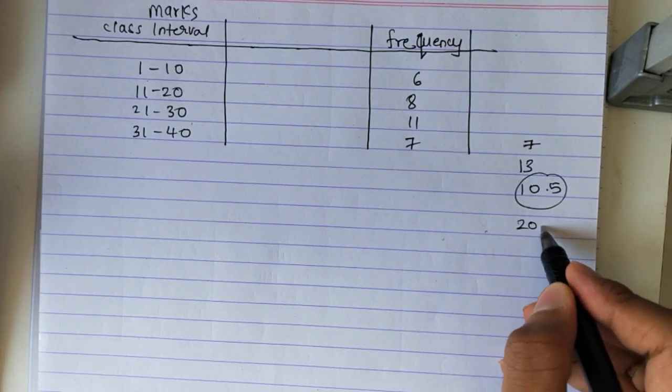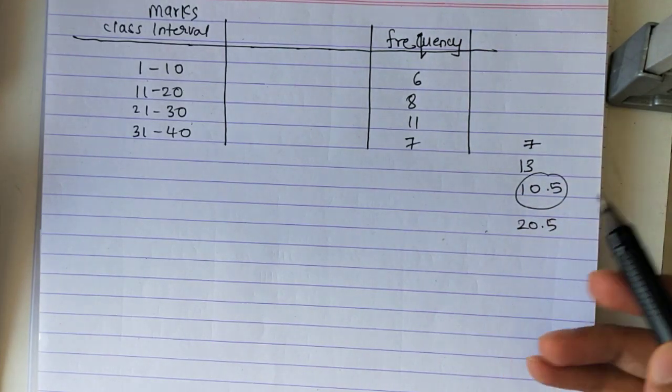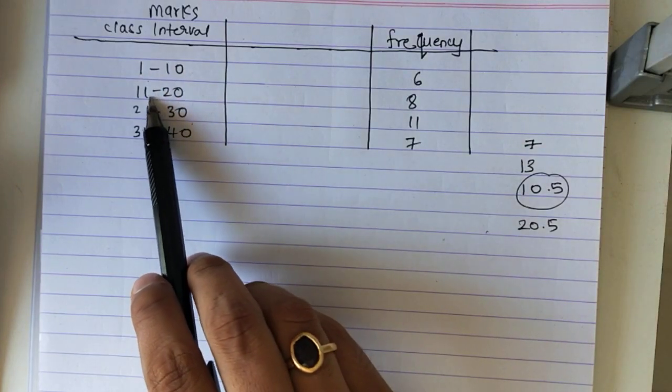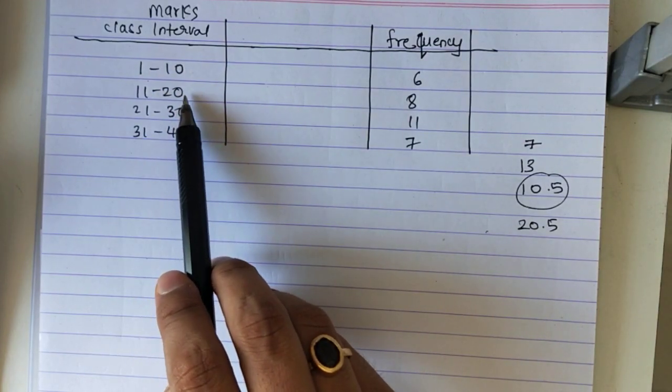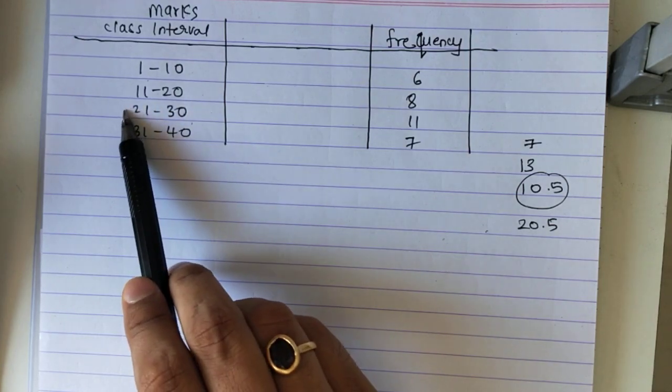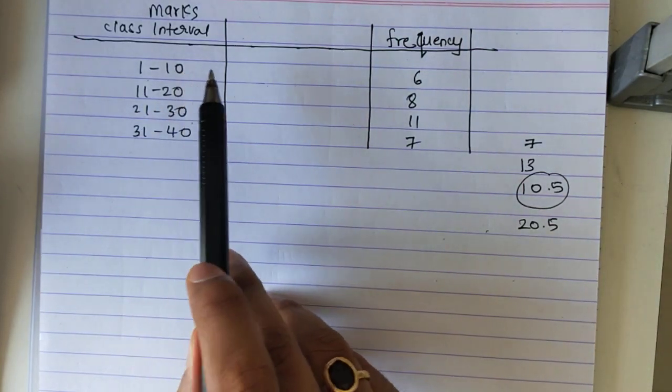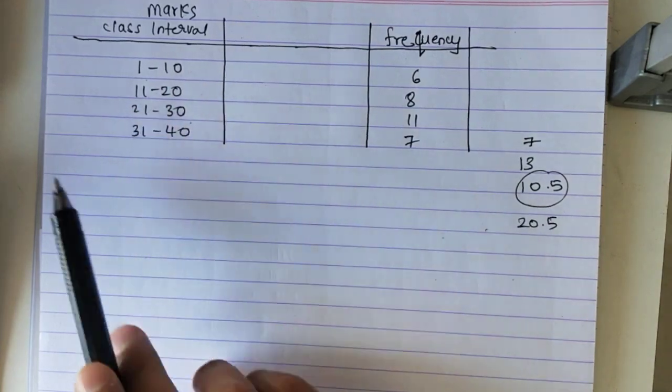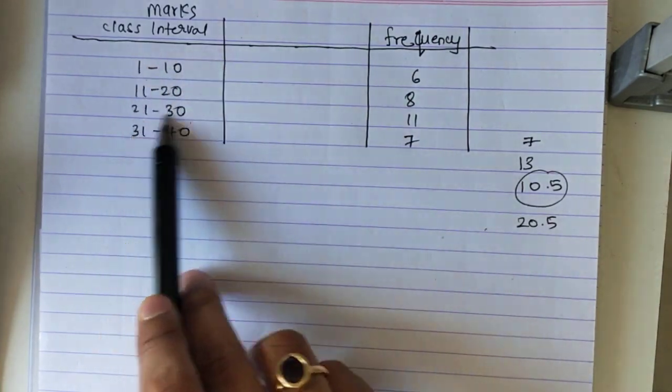If someone got 20.5, even he may not come in the range between 11 to 20. 20.5 is after 20, and 21 to 30 means 20.5 is actually between 20 and 21, and it is not covered in this range.